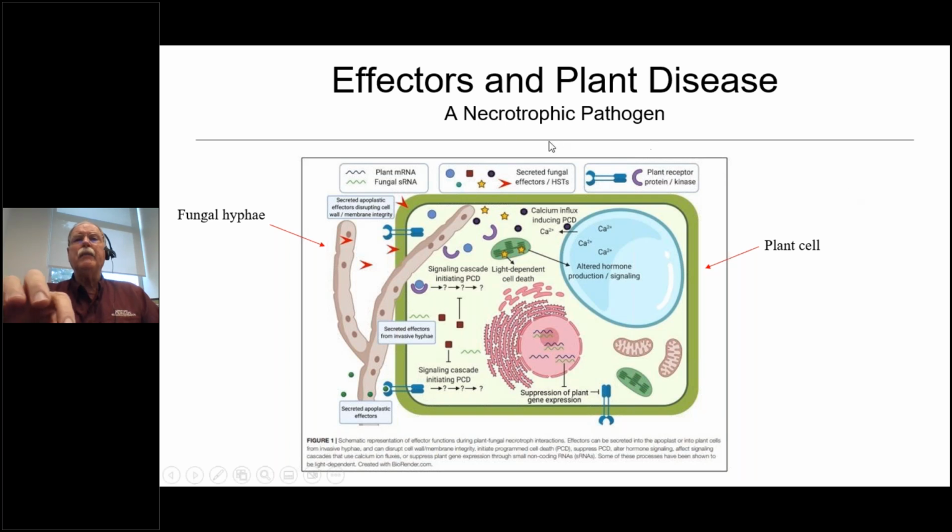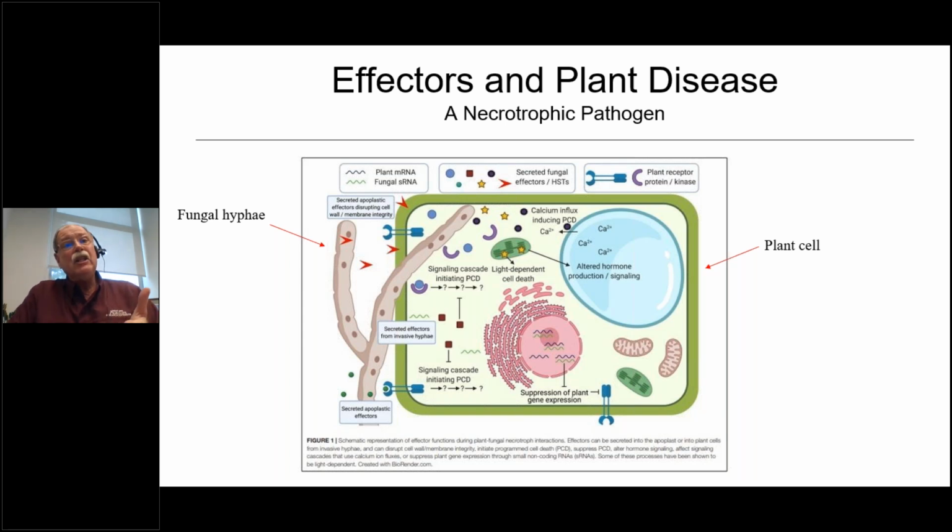And as I said, let's take a look at what a necrotrophic pathogen does here. And I hope you all can see my pointer. You're going to notice that there are these little red arrows and yellow stars and blue dots and red squares, green dots, and black dots. You're going to see some of these are depicted on the outside, and these are products being produced by the fungus in order to gain entrance into the host tissues.